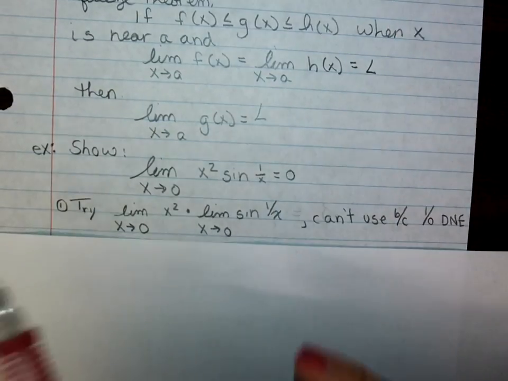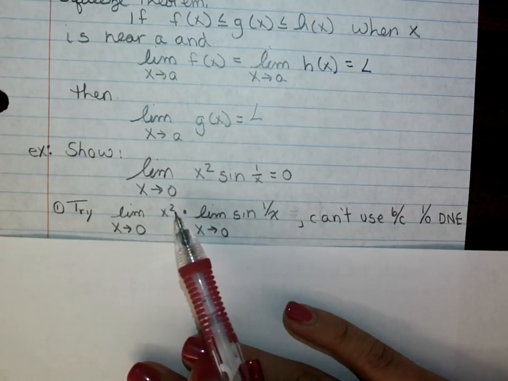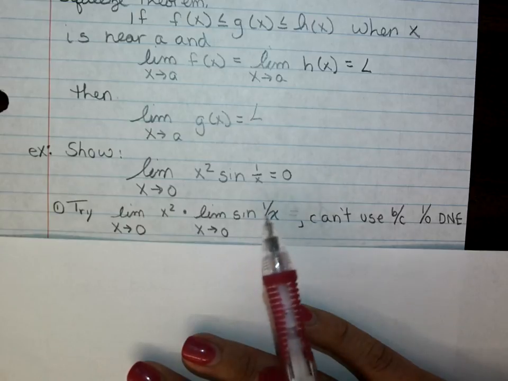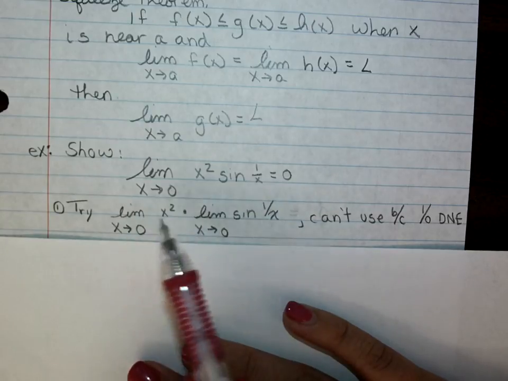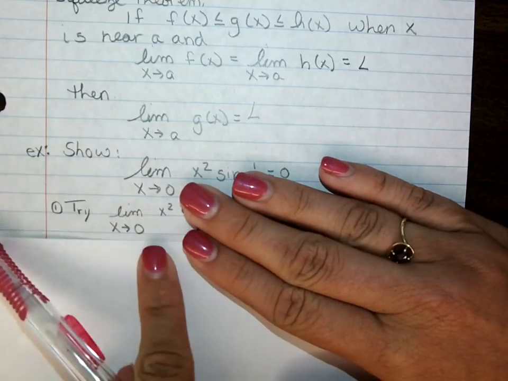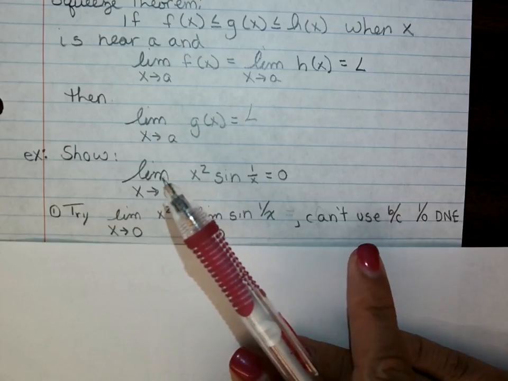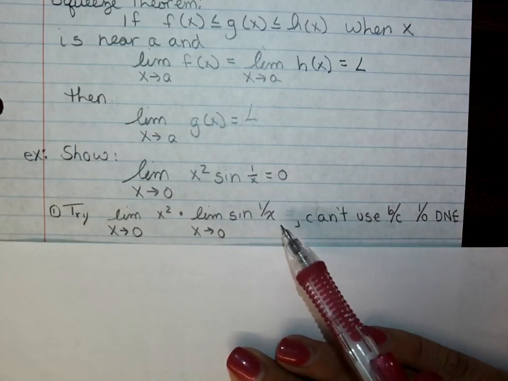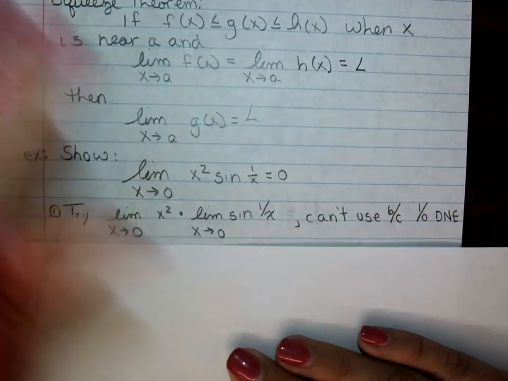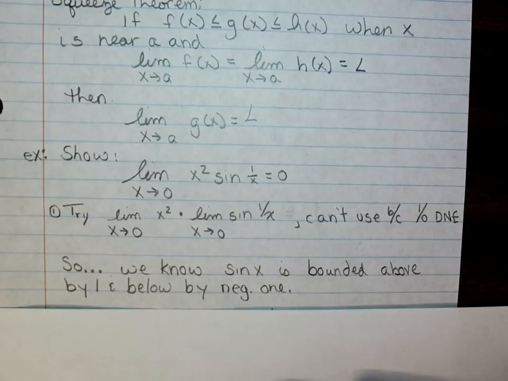Let's look at the limit as x approaches 0 of x squared times the limit as x approaches 0 of sine 1 over x. That would be great if we just had this part, because we know this limit would be 0. But here I can't take this limit because I can't take 1 divided by 0. It doesn't exist. So we're going to have to do something else.